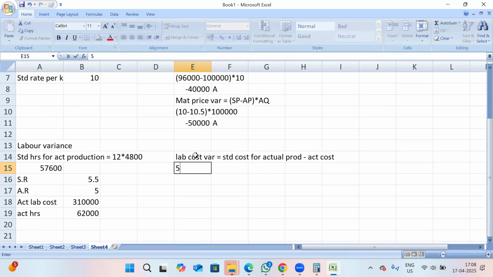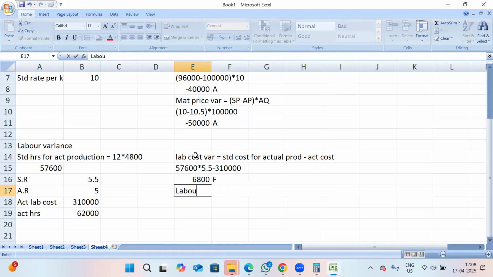That is 57,600 into my standard cost per hour of 5.5, minus the actual cost, which in the question itself is given as 3,10,000. If I substitute this, I will get 6,800 favor. So don't forget to write favor or adverse. If you do not write favor or adverse, for sure we will lose marks.